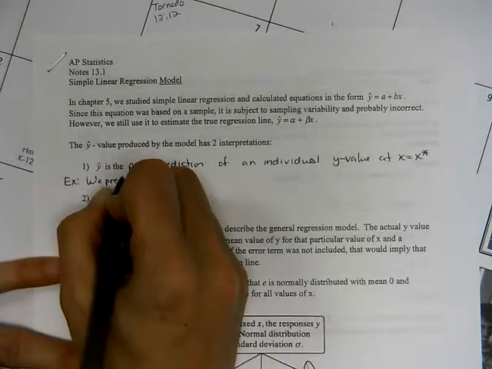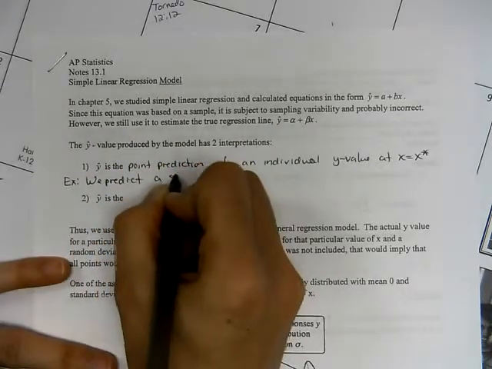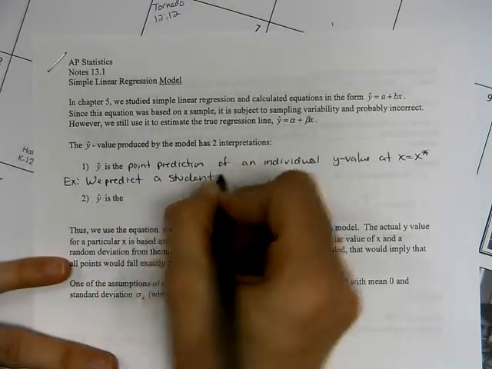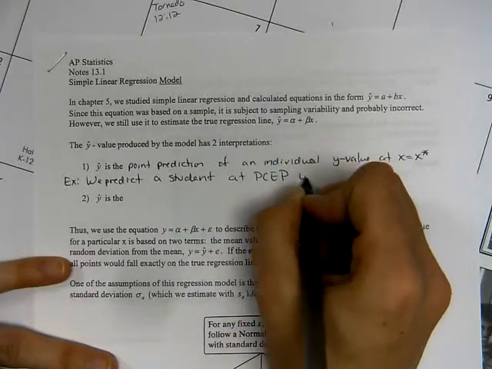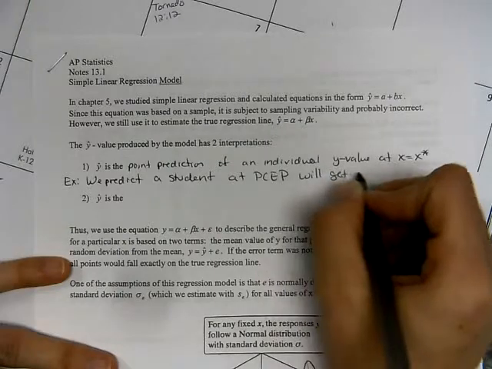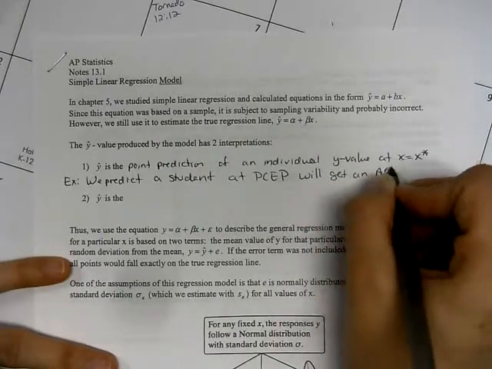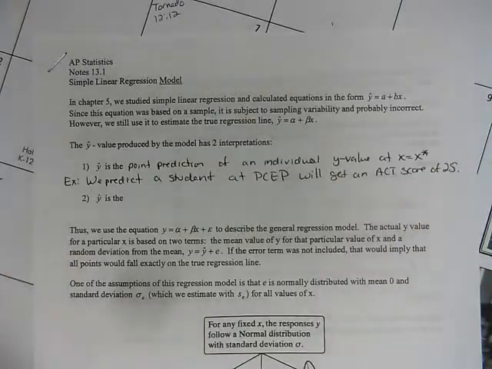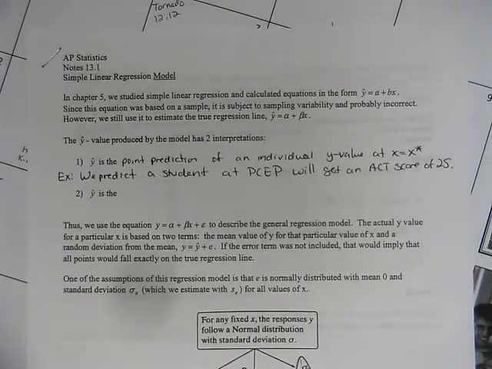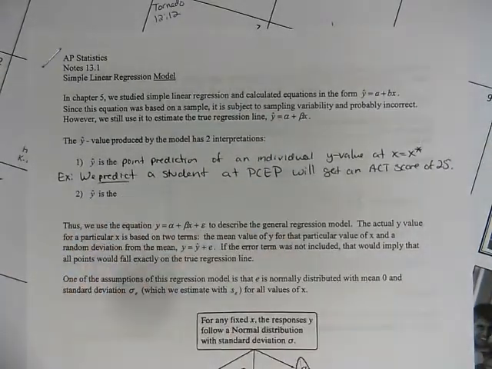We predict a student at PSEP will get an ACT score of 25. So we usually use the word predict. It's not a high score, but not a low score.